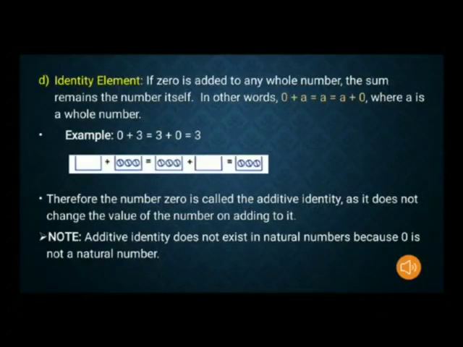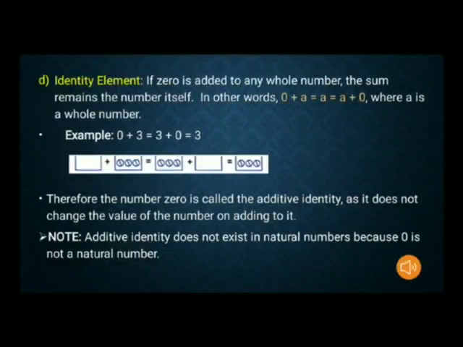For example, 0 plus 3 equals 3, or 3 plus 0 also equals 3. Therefore, the number 0 is called the additive identity, as it does not change the value of the number on adding to it.